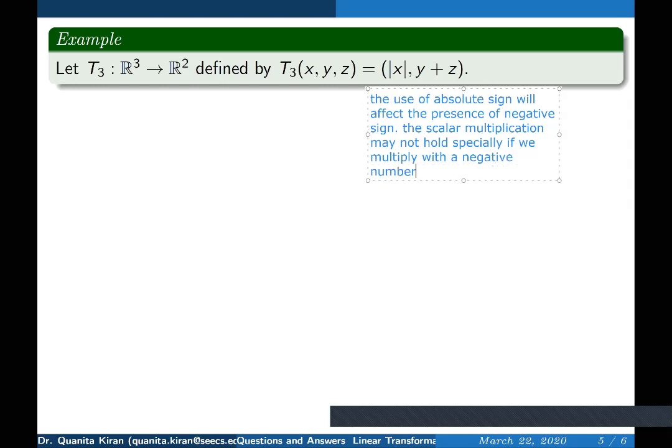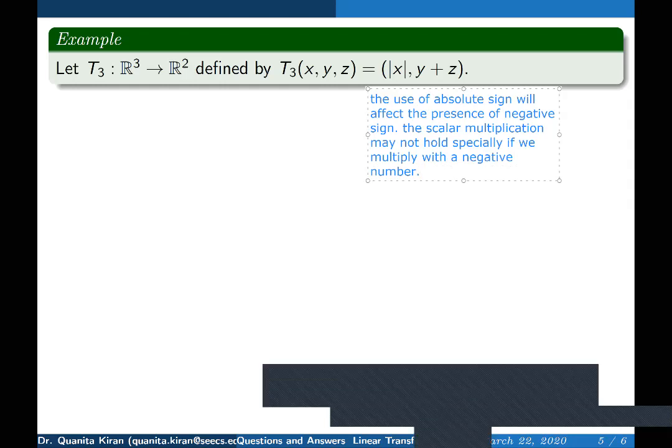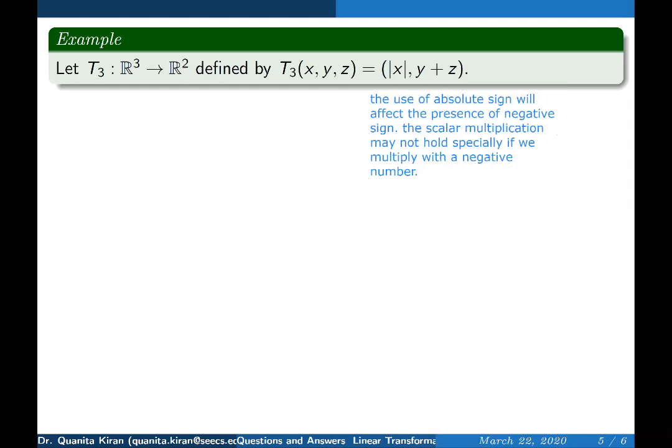So if we take any scalar that is negative, for example, if we took in that example k equals -2, then you can easily counter that this transformation is not a linear transformation.